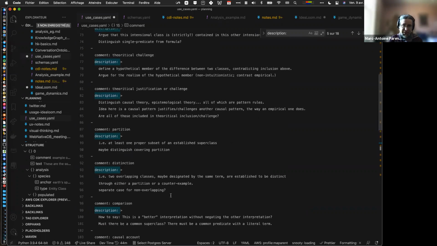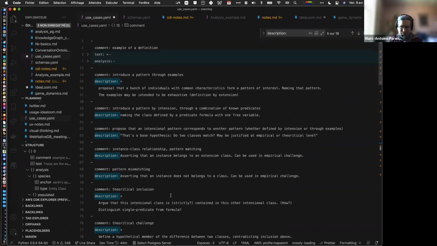Basically, I realized that a lot of argument is trying to define a pattern between individuals and asking, does this fit the pattern or not, and what's the relationship between the patterns? Can this pattern imply this pattern? So do you see any holes in that description, is my question to you all.